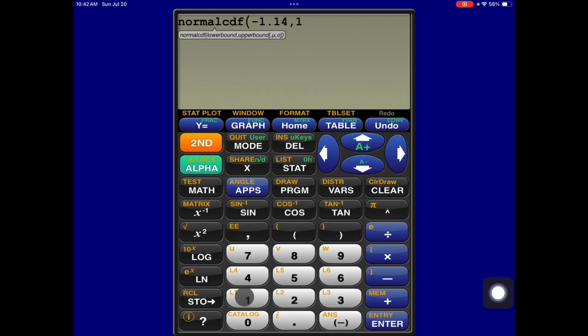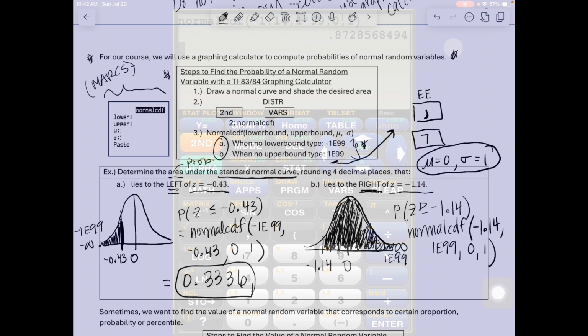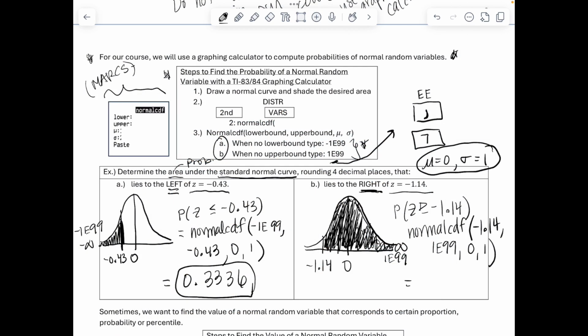So type 1, and then to make e, which is our exponential, show up on our graphing calculator, we need to hit second, comma, and it should put the e on your calculator, 99, comma, mean, which is 0, comma, standard deviation, which is 1, close your parentheses, select enter. You get your answer, and then round 4. From your graphing calculator and rounding 4 decimal places, we get 0.8729.